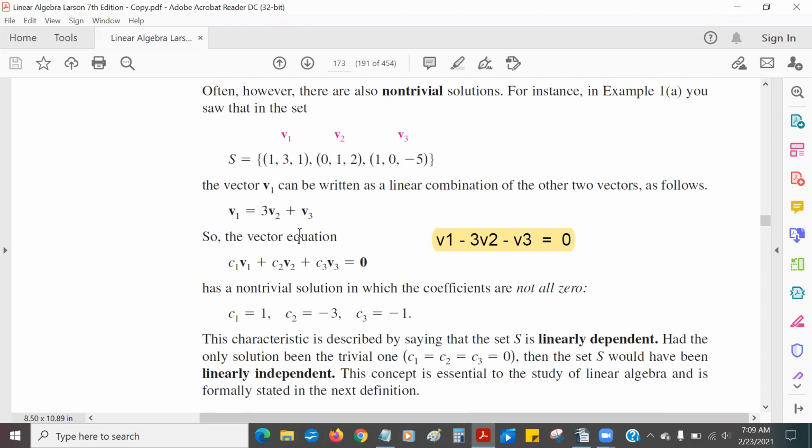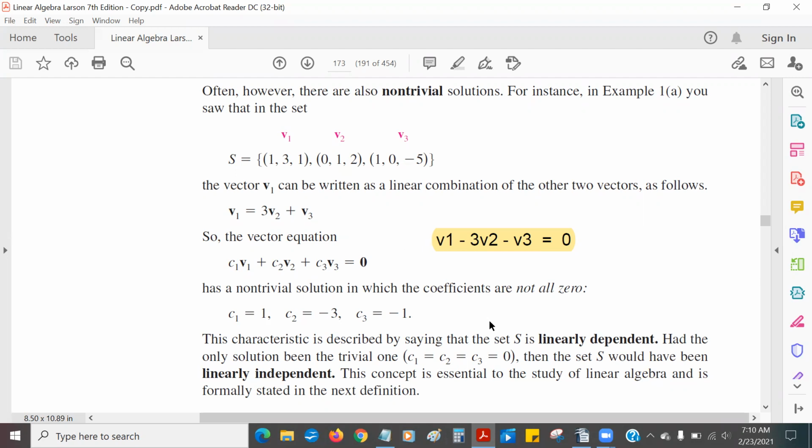That means the vector equation c1v1 + c2v2 + c3v3 = 0 does have non-trivial solutions. In fact, it's 1 times v1 minus 3 times v2 minus 1 times v3. Sorry, I wasn't able to make a subscript. Anyway, c1 is 1, c2 is -3, and c3 is -1.